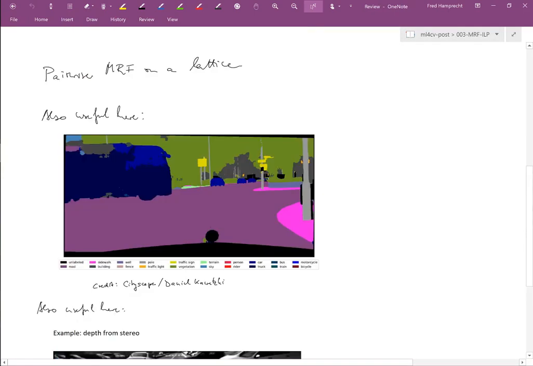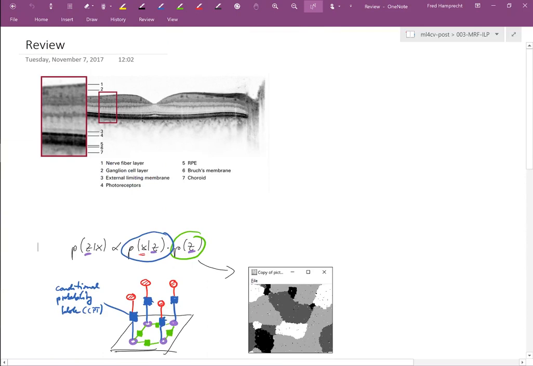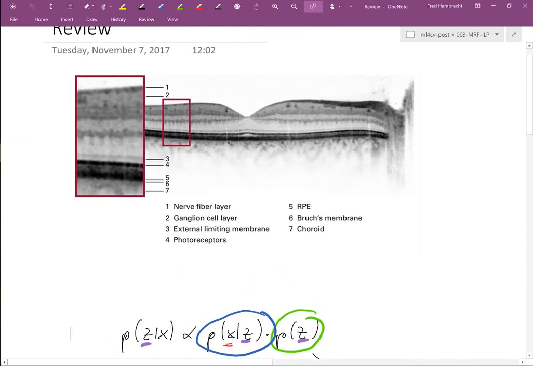Okay, starting with a brief review of what we saw last time. I used this example for motivation, saying that we can imagine training a classifier which will give us a pixel-wise prediction, which we can use as a unary term in our Markov random field. And well, we will expect this classifier to make mistakes because some of these classes look quite similar.